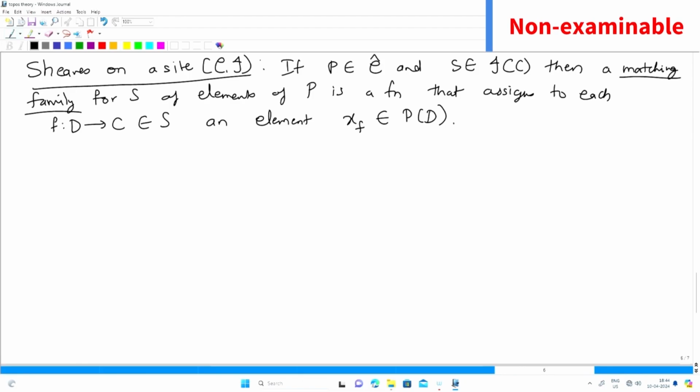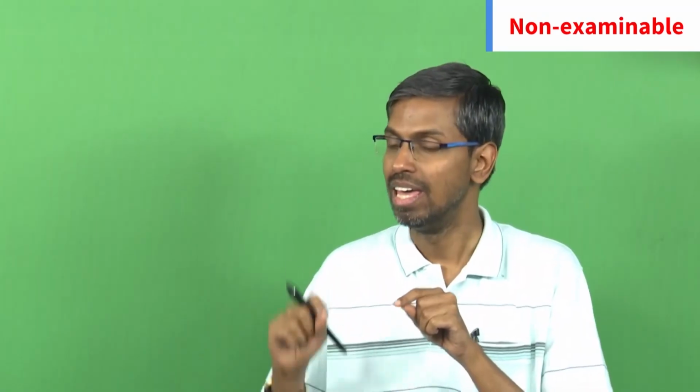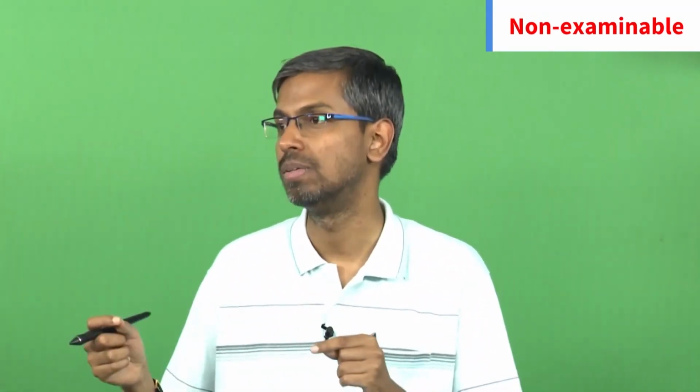So try to compare it with the existing notion that you know. What is a covering family? It's an open cover. So the elements D, what are they going to be in the open cover? The individual Ui. So you want to assign an individual section xi in P of Ui.